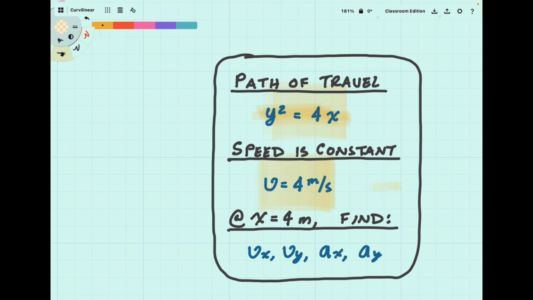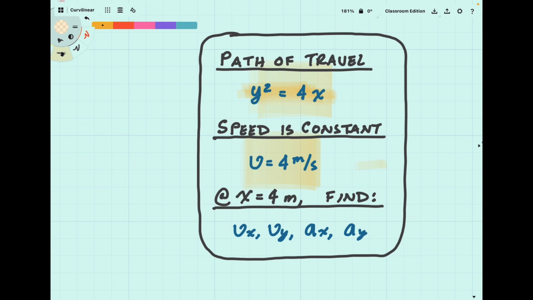And if it's moving along that path, then there are time dependencies, even though there's no time terms in the path equation itself. So I can still take time derivatives of that path. I just have to, in this case, use the chain rule in order to get the time dependency represented in the path. And that's where we'll start here.